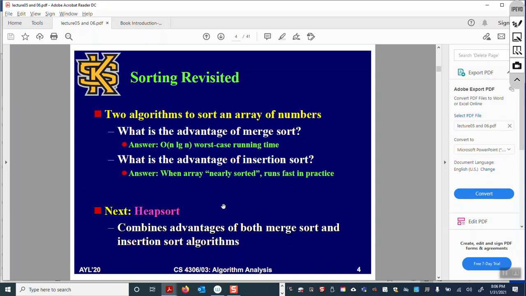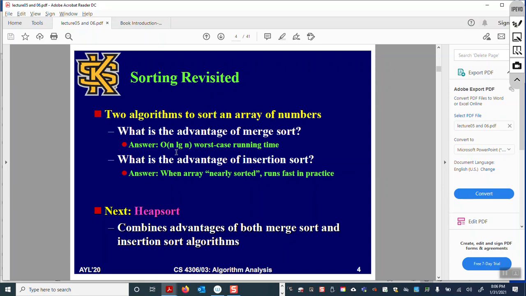As we know, the insertion sort algorithm has time complexity of big O n squared, but it is efficient when the array is almost sorted. And we learned that merge sort, in the worst case, has time complexity n log n, where lg means log base 2.